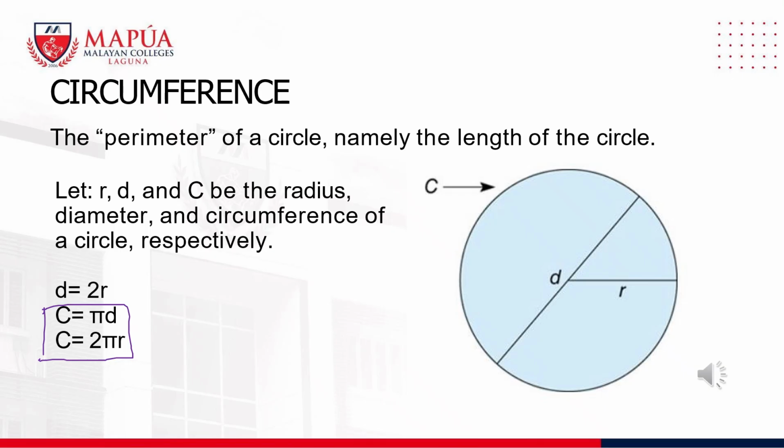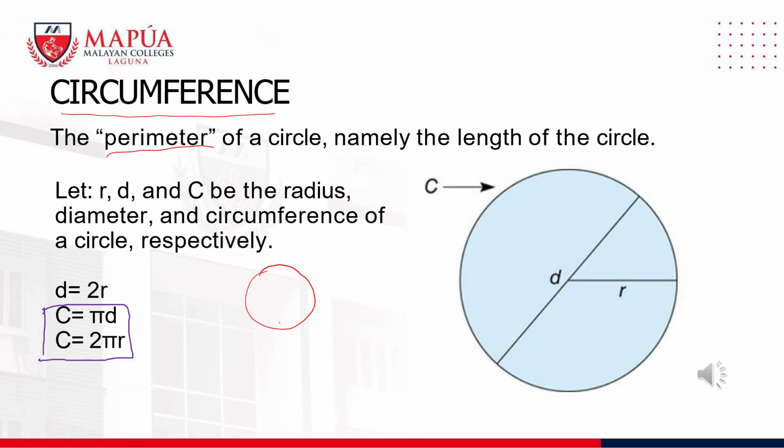We call it circumference. So the perimeter of a circle, class, is named another way. Instead of calling it perimeter, we call it circumference. So take note, a circle. Imagine this is a circle, assuming that this is a circular rubber band.